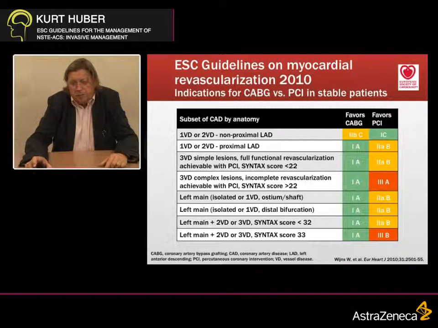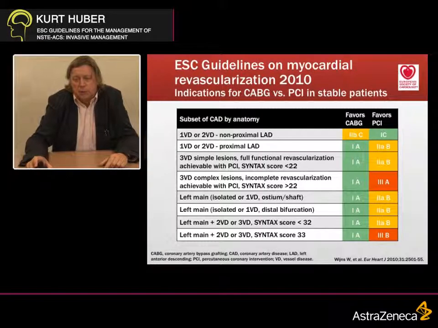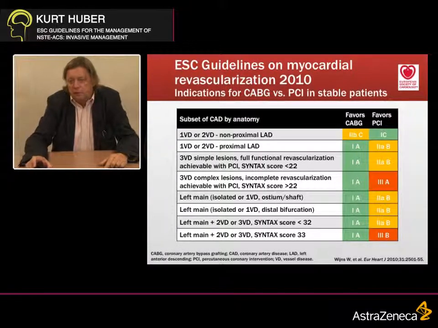And there are also indications, not as good as for surgery, for patients with proximal LAD and 1 or 2 vessel disease, and for simple 3 vessel disease, full functional revascularization achievable with PCI, and patients with a so-called SYNTAX score of less than 22. This is only a 2AB recommendation, but 2AB for interventional cardiologists means that this technique is preferred over surgery.